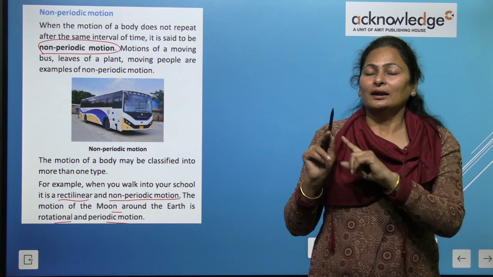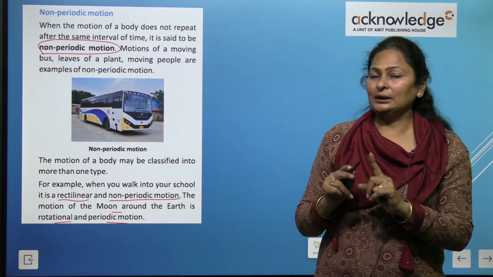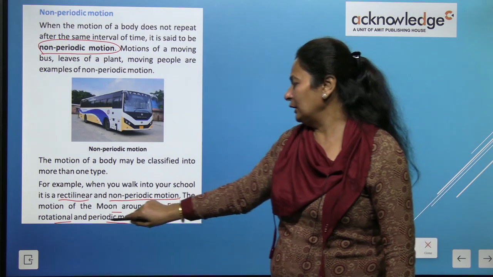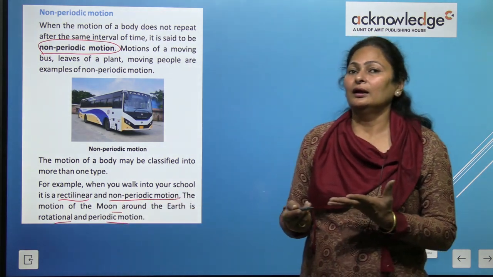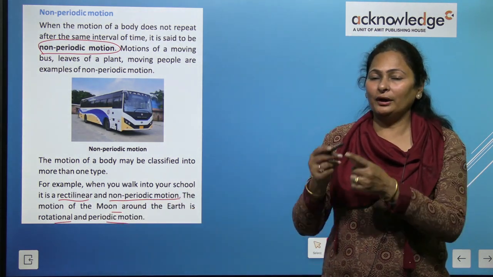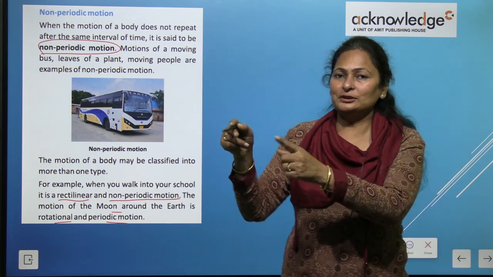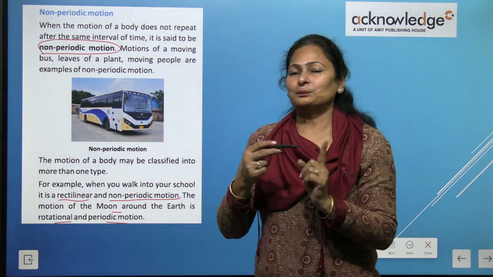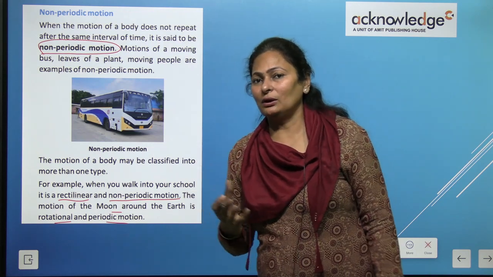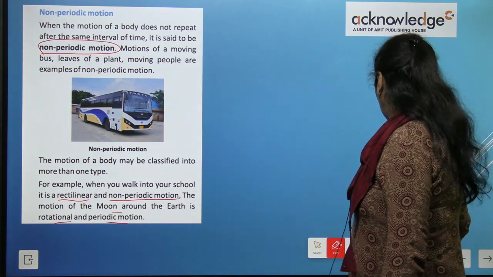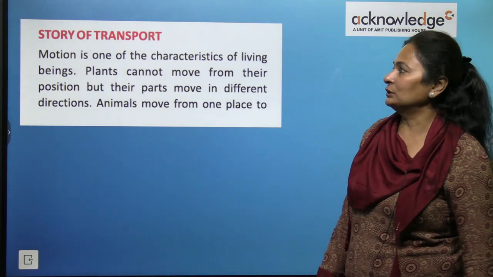It is a rotational and periodic motion. Periodic means the interval is the same every time, and it is moving in a circular motion. So this is called rotational and periodic motion.